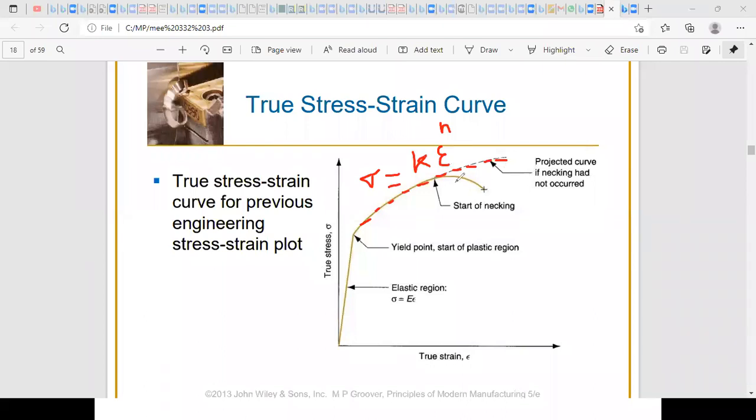I will see that there is a certain separation point between the two graphs, and this separation point corresponds to the start of necking. So this is how I can use the flow curve to determine the start of necking.